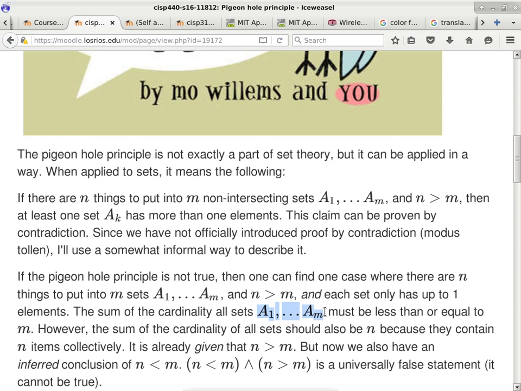We're going with the negation, but what you're negating is the statement that at least one of these containers has more than one item. We still have more items than there are containers.